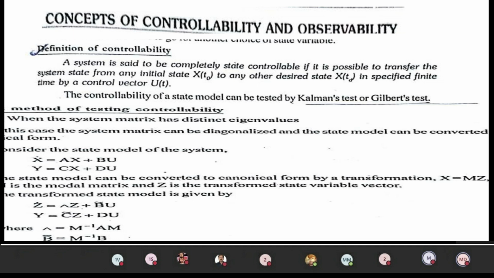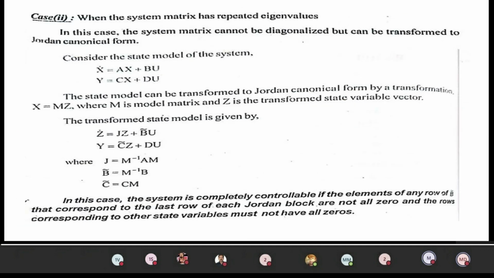And then B vector is nothing but M inverse B, and C vector is nothing but C into M. These are very important to determine the controllability and observability of the system. By Gilbert's test you have to follow this method, and for Kalman's test you have to follow a different formula, which we will discuss next. And here you can see the definition for controllability.